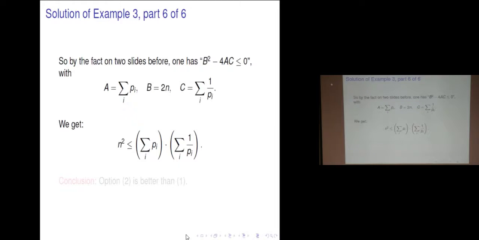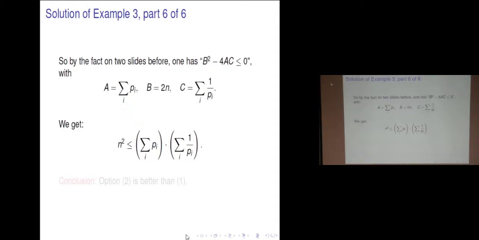Well, b squared is 4 times n squared, minus 4ac, which is minus 4 times this sum times the other sum. If you move things around and cancel the 4, you get n squared is less than or equal to this funny product.